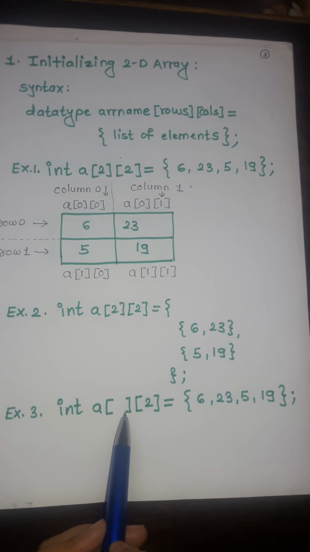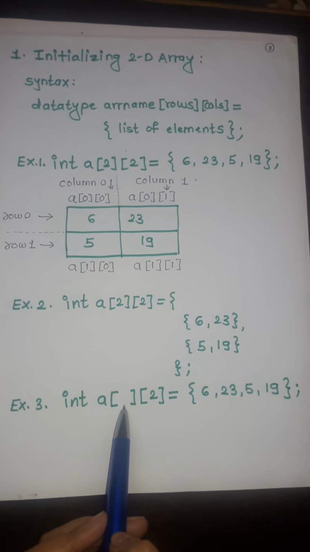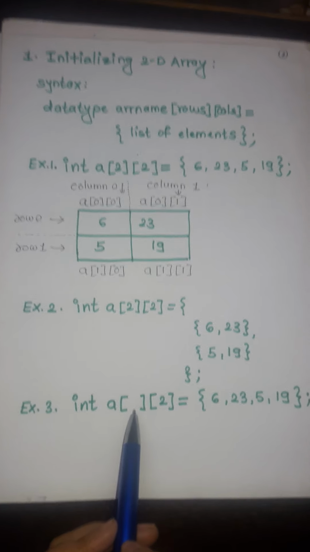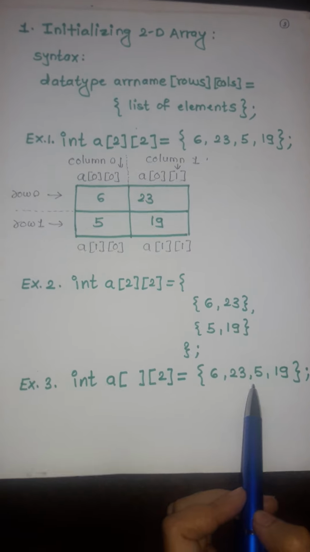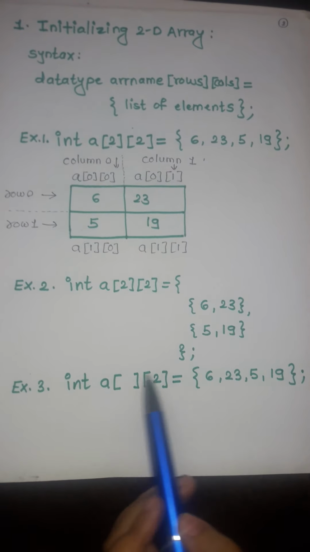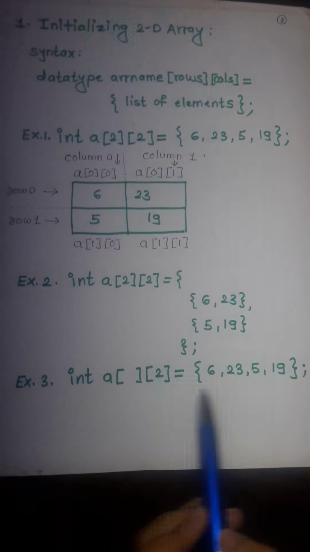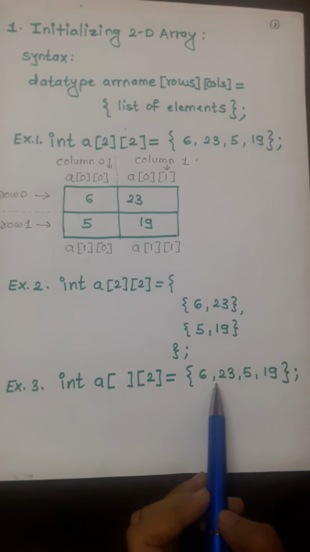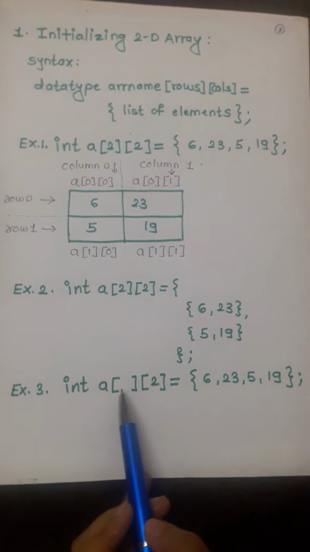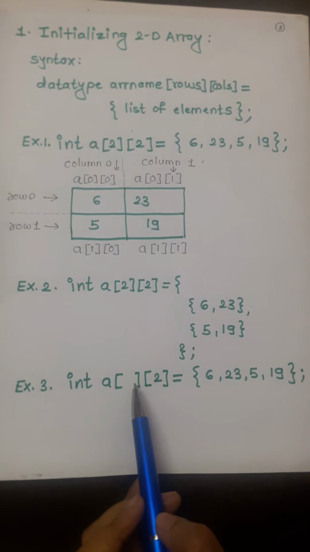This is allowed in C. You can keep this empty. This will not cause any error. 2 columns are there and total 4 elements. So the compiler will automatically calculate the number of rows. As 4 elements are there and 2 columns, it means there are 2 rows.